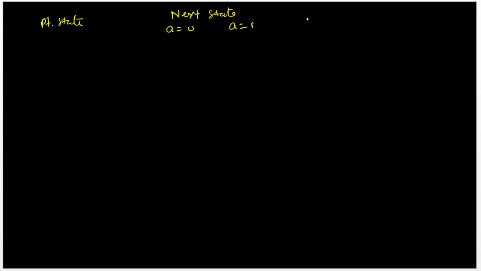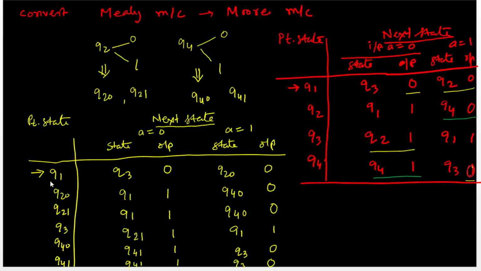Another column will be added here, just output, because we know in a Moore machine there is an output which depends only on the present state. Now just write all the states of this table, Q1 to Q4 1.